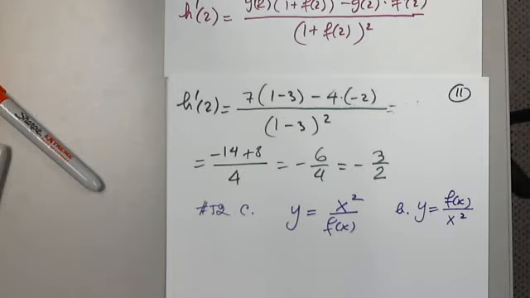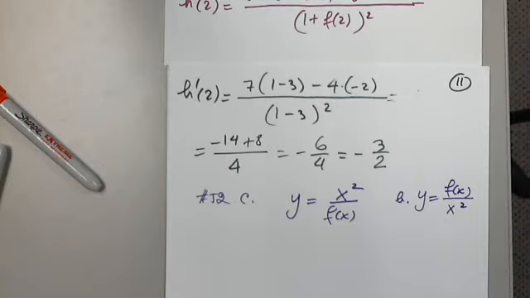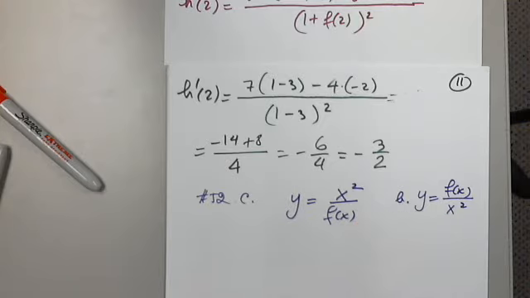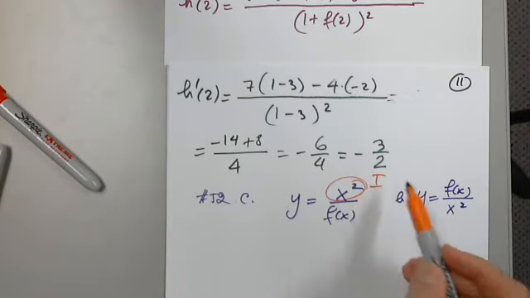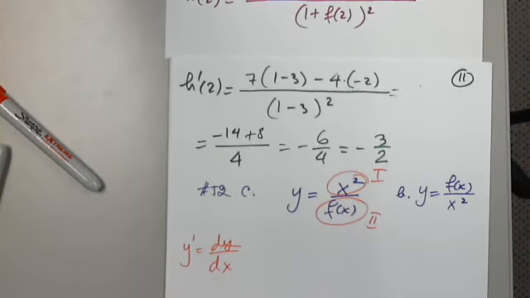Because this is important, I'm going to make a point here, and you'll see the difference. So y equals x squared divided by f of x means that this is our function 1 and this is our function 2. So in order to find y prime, or dy over dx, the derivative of y with respect to x, I would have to use the quotient rule.